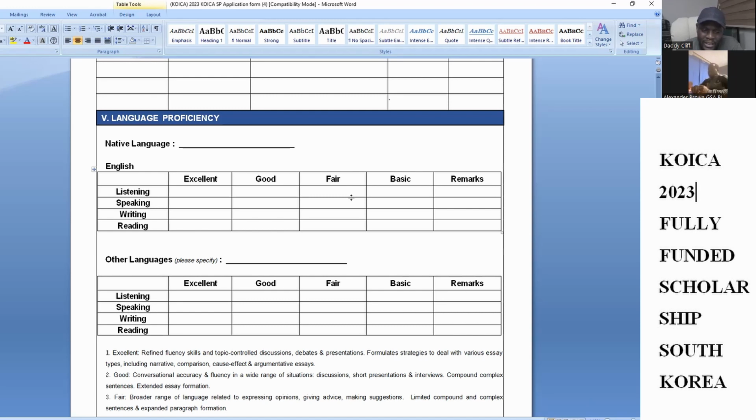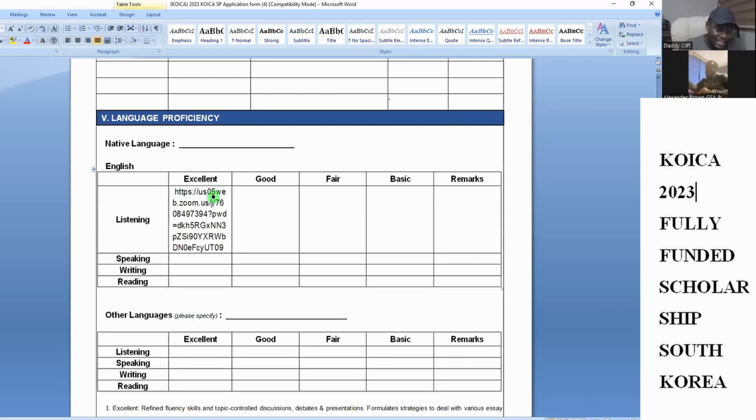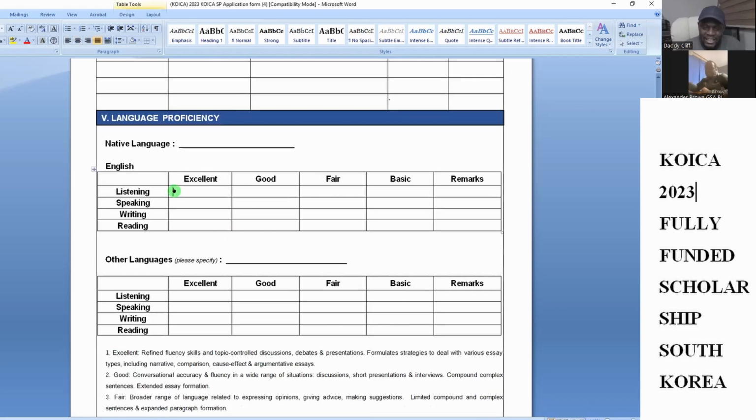So, for example, if it's English, the first one is English, written as the native language. If your listening is excellent, you just check excellent. In fact, when you check further down, they've written how they define excellence.